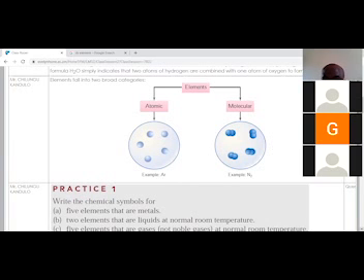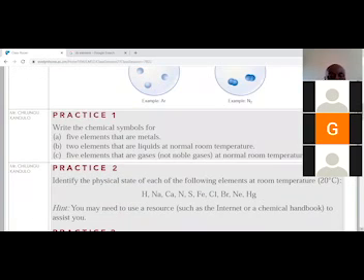I gave a task and I'm impressed with your responses. For 5 elements that are metals, it's very easy. Many of them are metals, you know them. Two are liquid at room temperature, and there are only 2, which are mercury and bromine. If you want to be in safe mode, you can go on the transitional elements to get the metals, or group 1, group 2.